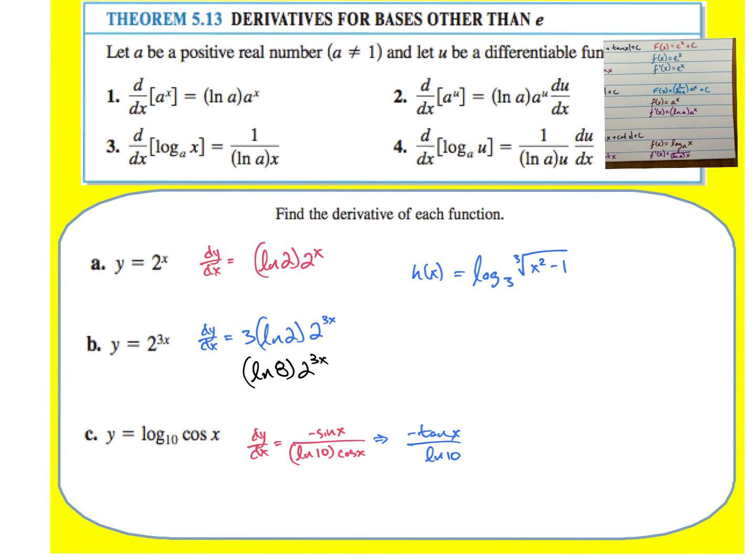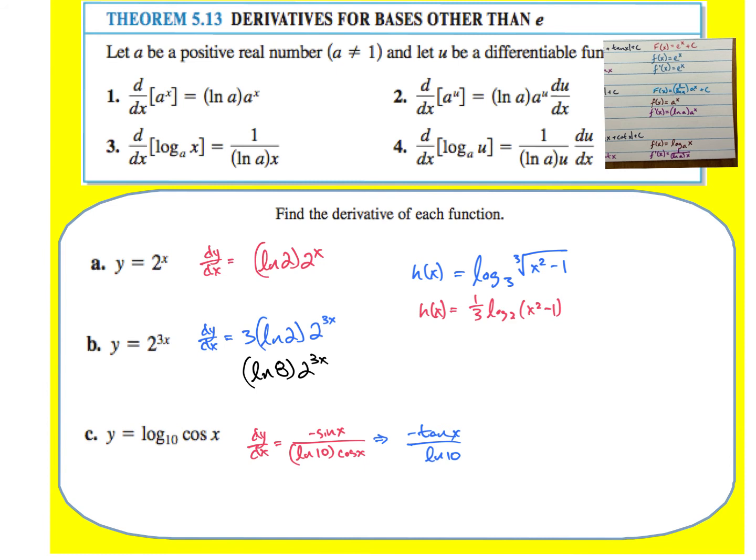Break it up a little bit. What could I bring out? A 1/3. So now I'm going to bring out a 1/3, and then I have log base 3 of x squared minus 1. Now, I can't really break it up any more than that. If I had multiplication going on, what would I really do again?